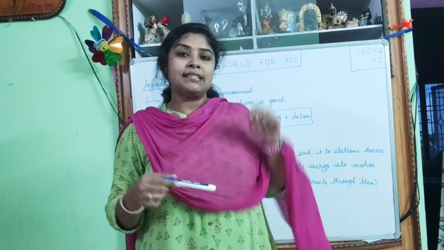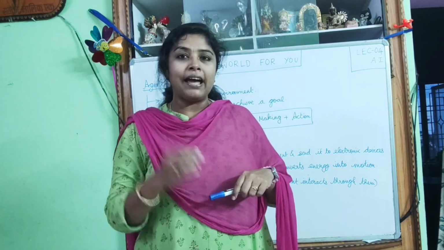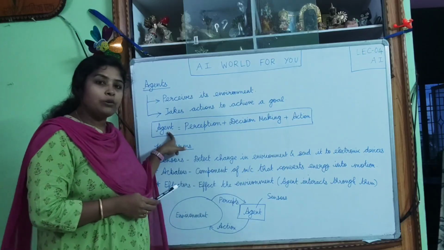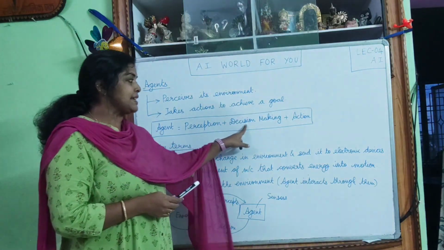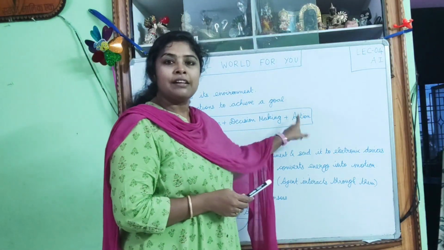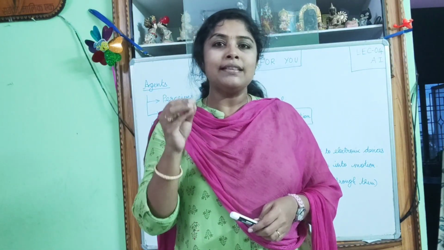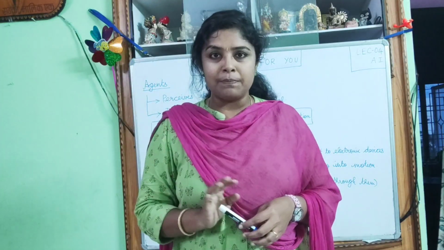So now let us see what this agent is. I have one secret formula, that is agent equal to perception plus decision making plus action. Whenever I want to deliver some output, I need to take the right decision. So it's not enough if we just simply observe. We need to take the right move, right?